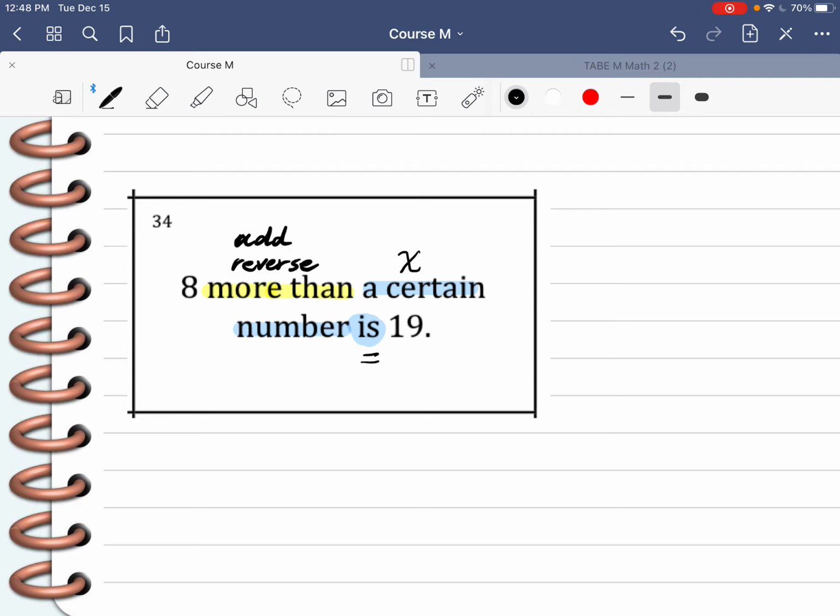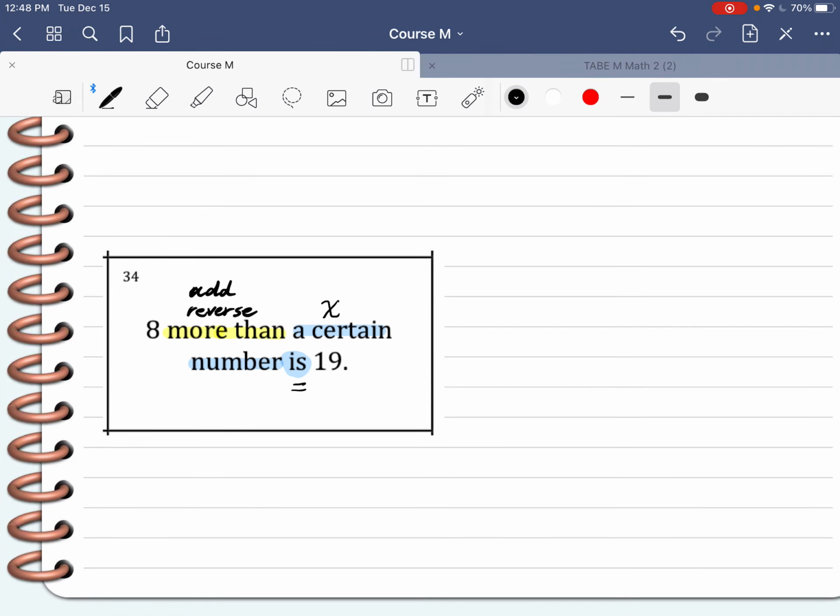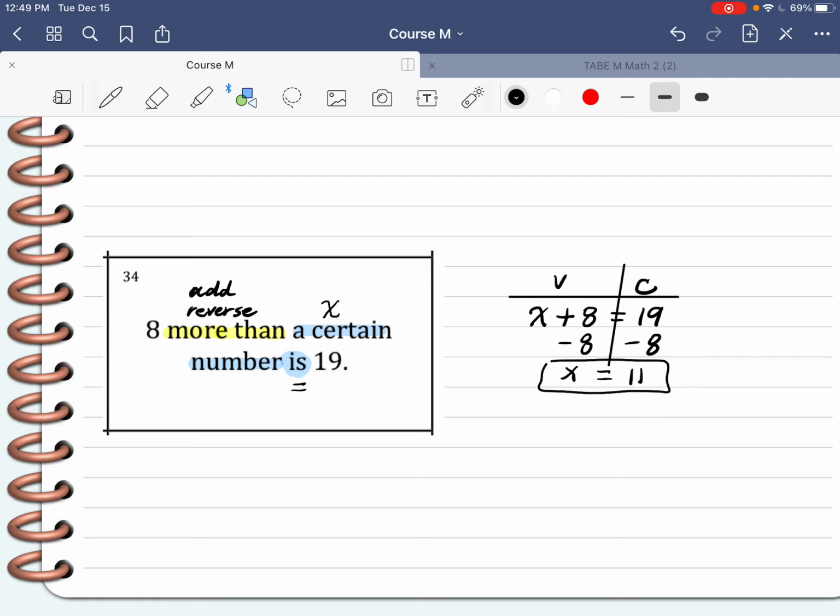So we need an addition sign, and we need to reverse the x and the 8. So this is going to say x plus 8 is 19. 8 more than a certain number is 19. You've got variable and constant. Let's move the 8. So x is 11. That certain number is 11 in this problem.